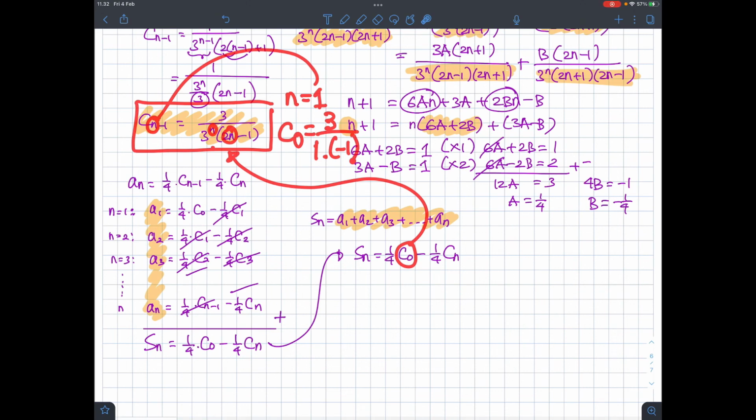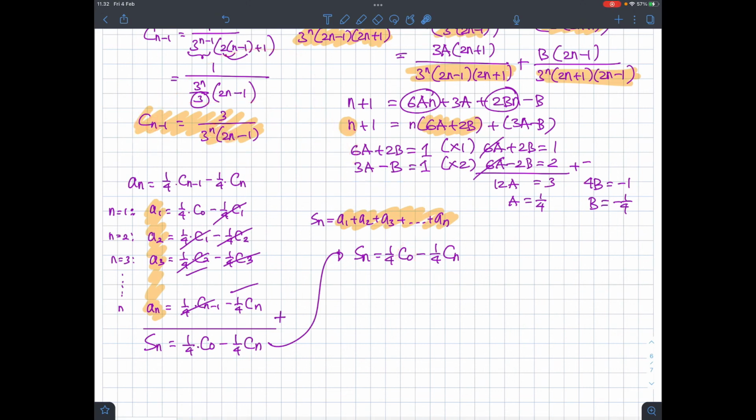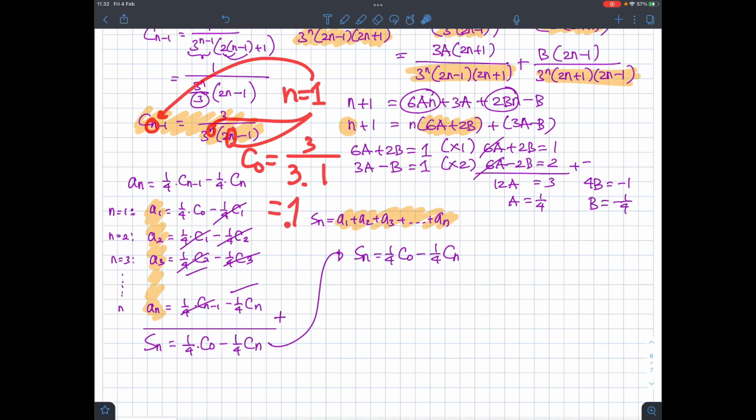Is that correct? Oh sorry, 1, yeah. Sorry, we substitute n equal 1 here, yeah. So this is c0, 1 here, 3 over 3, yeah, times 1 put it here, 2 minus 1 is 1, yeah. So the result of c0 is 1.